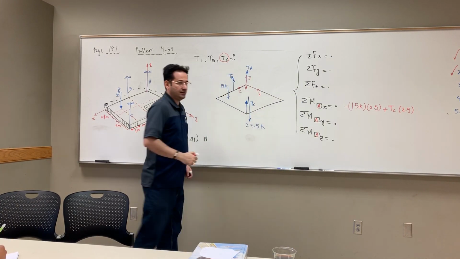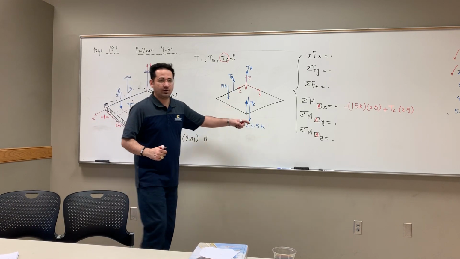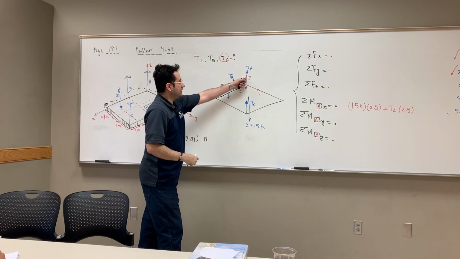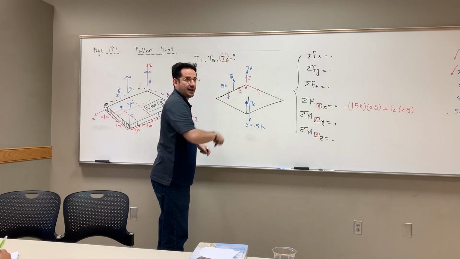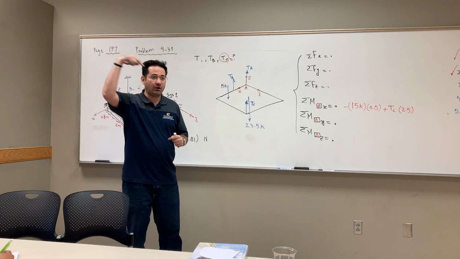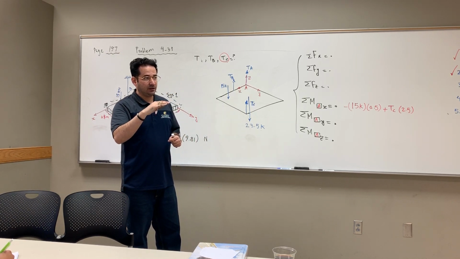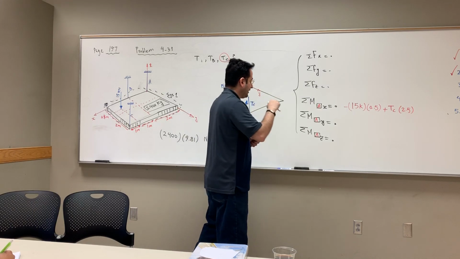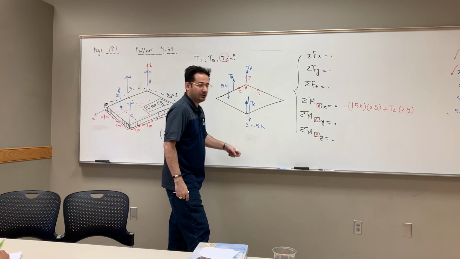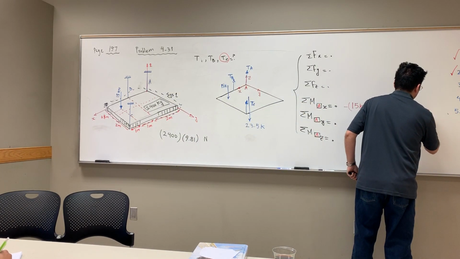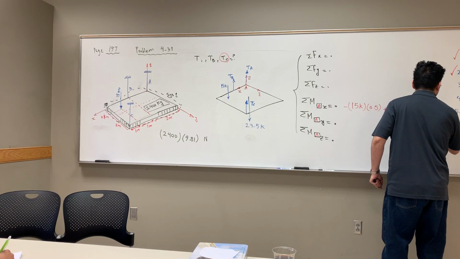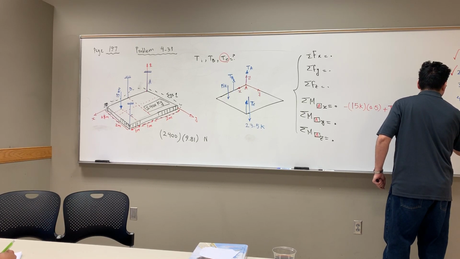And the moment coming from the weight. What I'm doing is just summing the moments coming from every single force. This is zero, this is zero. Why? Because they are going through the x-axis. Remember we said if they are parallel or concurrent going through the axis, we just skip it and go to the next step. What's the moment from the gravity force? 23.5 K times 1.25, positive or negative?